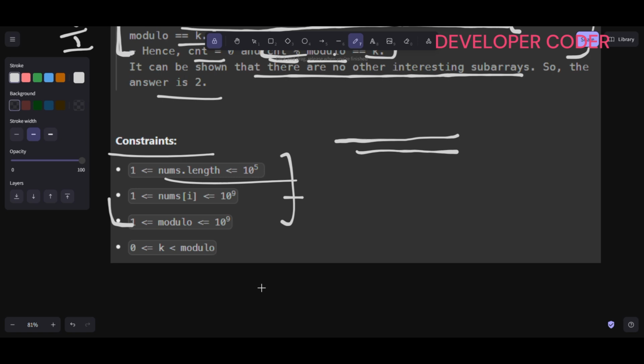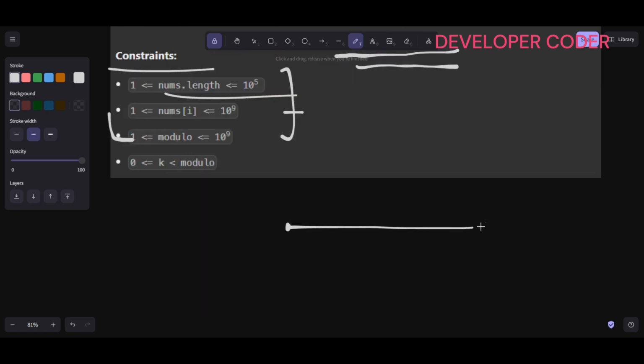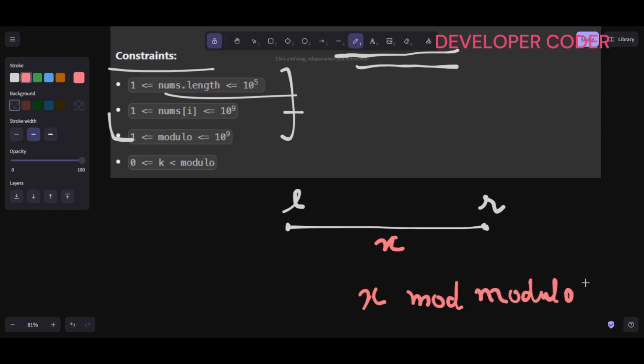First, we are given an array nums and integers modulo and k. Let's suppose this is my nums array from L to R, and suppose there is an element x in the subarray nums[L..R] that satisfies x mod modulo equal to k.